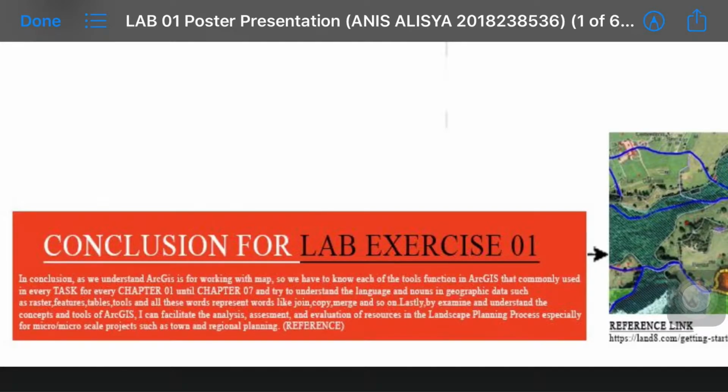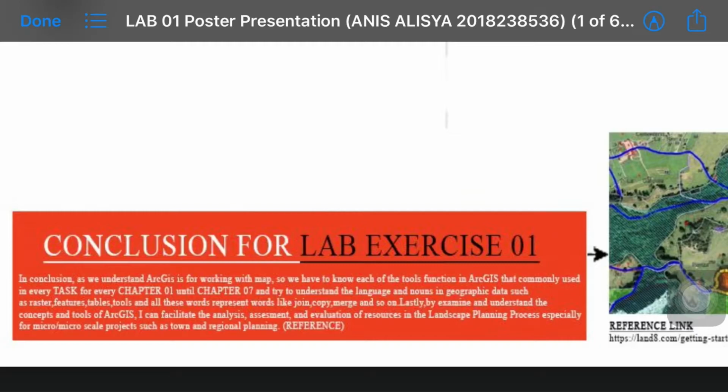What I have learned from familiarizing with the ArcGIS tools is that all the tools in ArcGIS can work with maps, and the tool functions are commonly used in every task for every chapter, from chapter 1 until chapter 7.